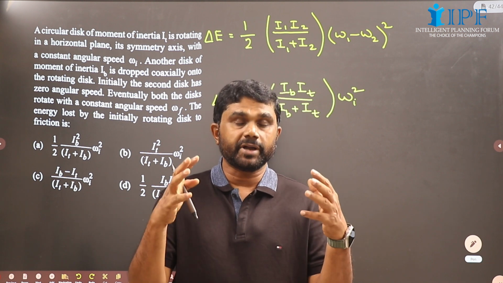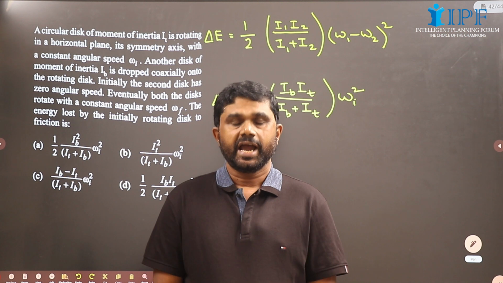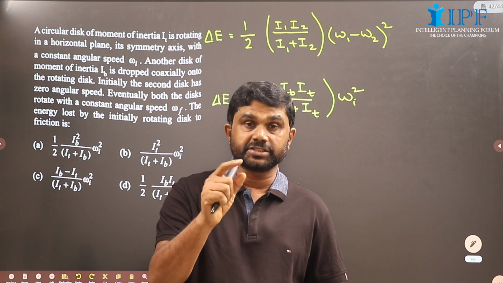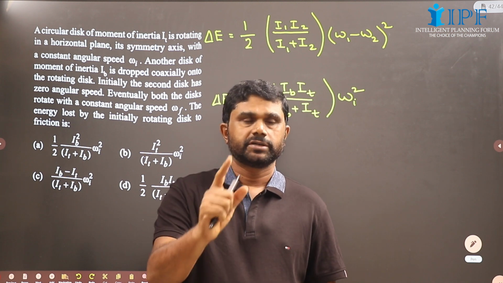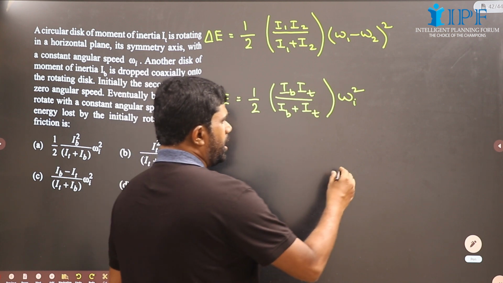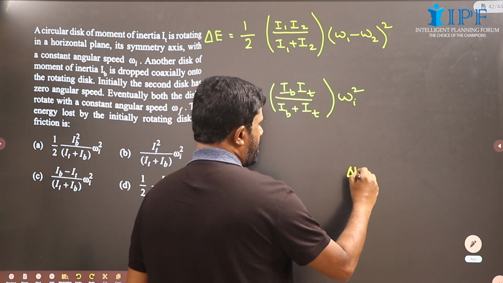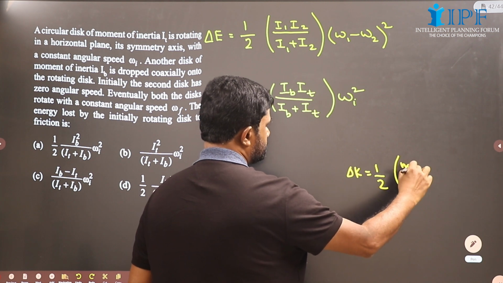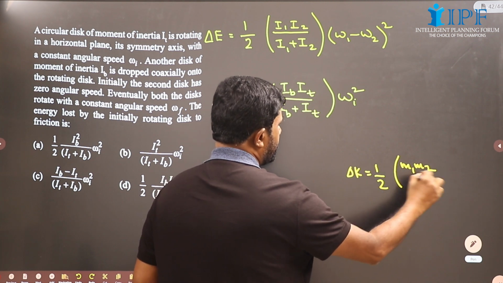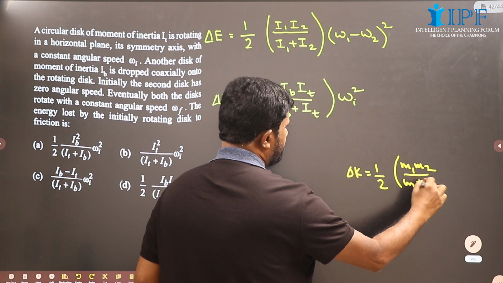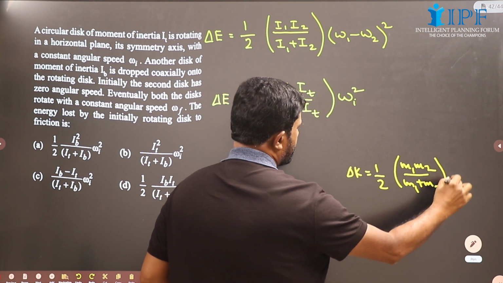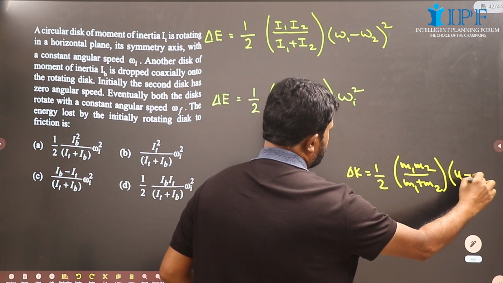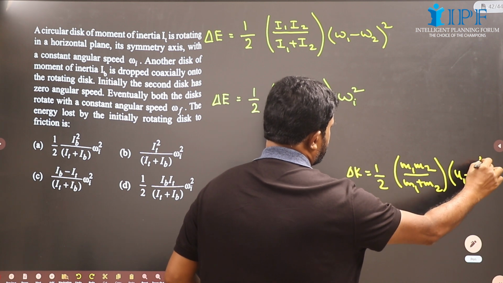Then there will be some loss of kinetic energy. Children, please listen: the loss of kinetic energy is half times m1 m2 divided by m1 plus m2, times u1 minus u2 whole square.